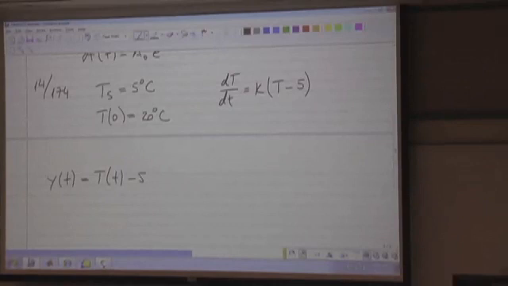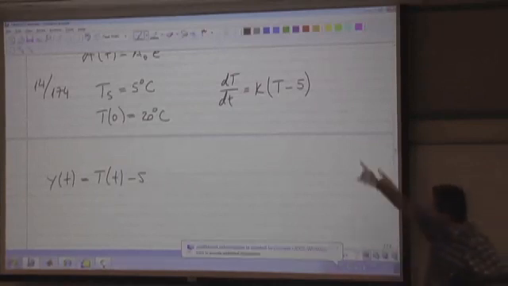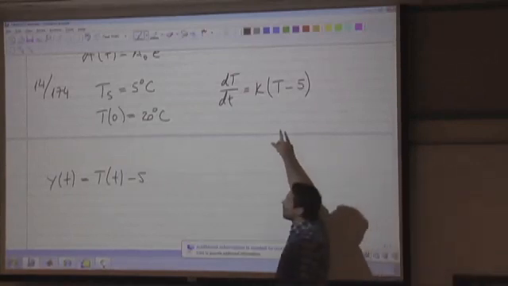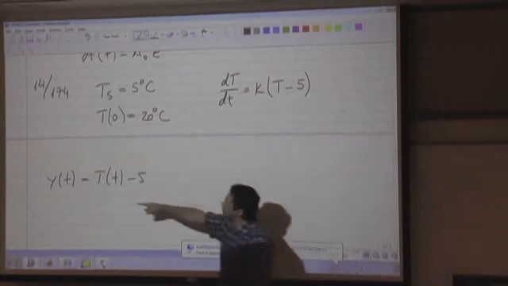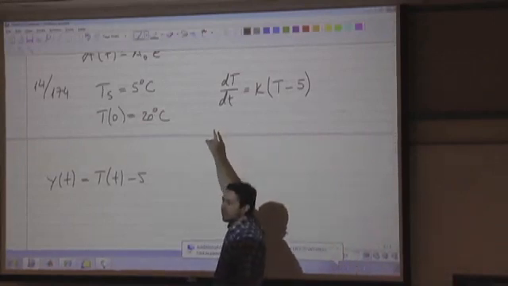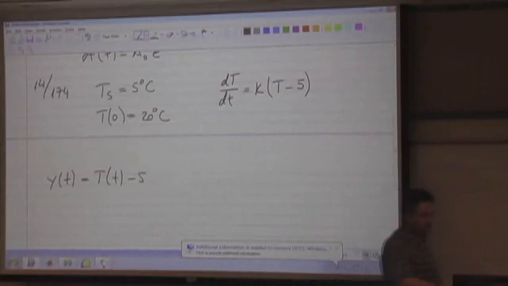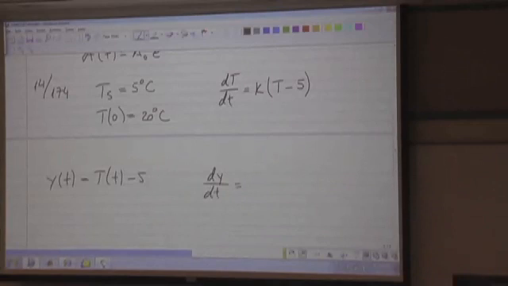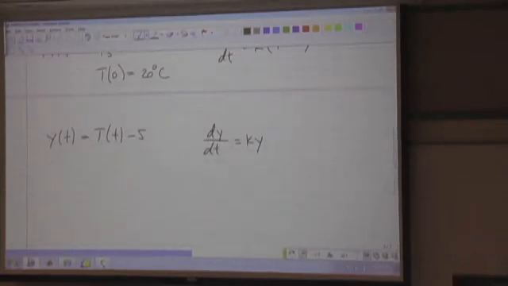If you make the substitution, then dT over dt, or dy over dt, is the same as dT over dt. So this differential equation becomes dy over dt is equal to k times y, which means y of t is just going to be y of 0 e to the kt, right?